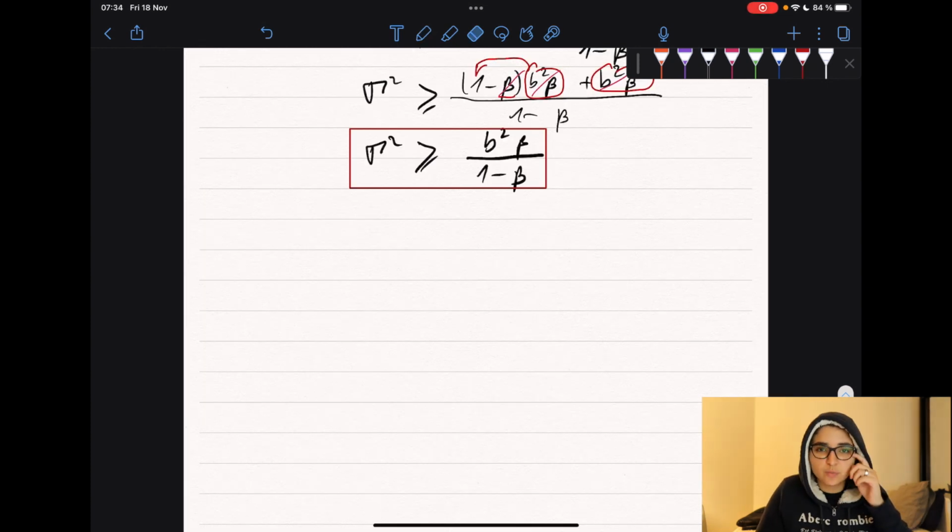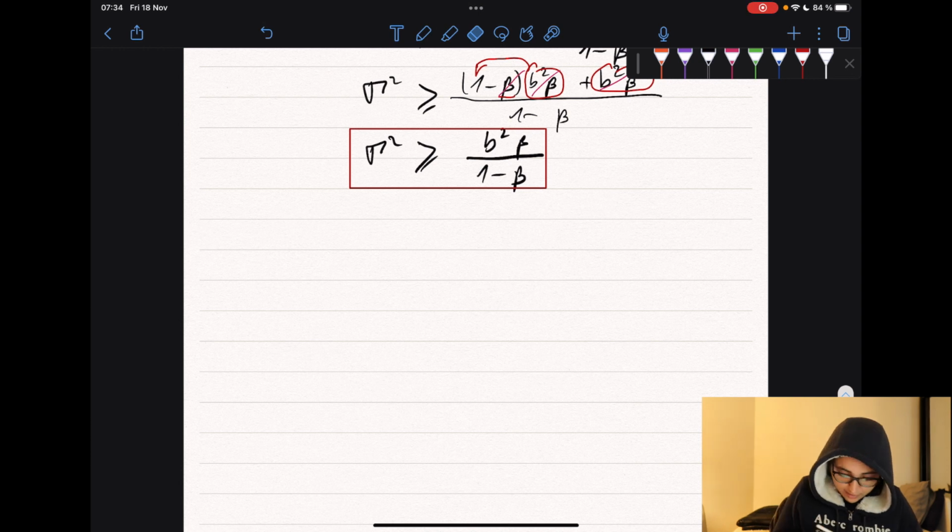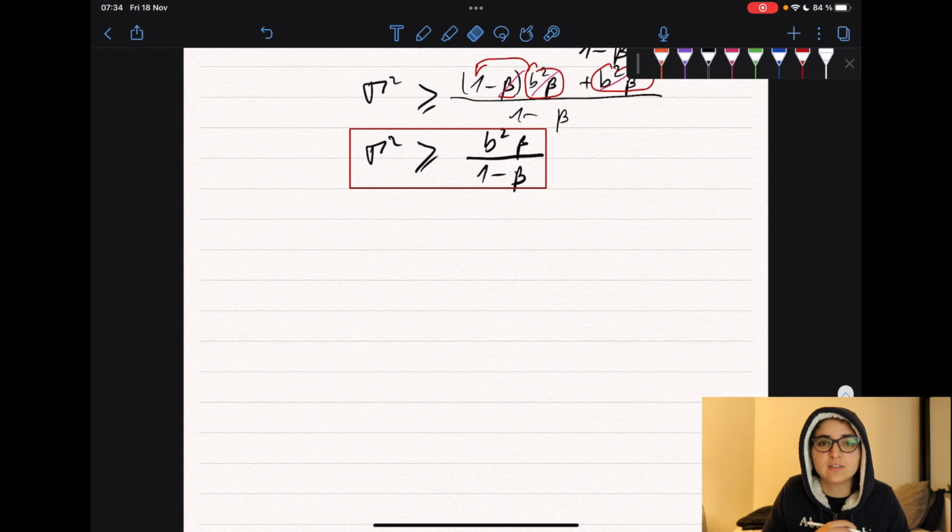At this point, we're going to leverage the inequality that we have just found and rewrite it in a more convenient way to derive the Chebyshev inequality. We have proven everything that we need in order to prove the Chebyshev inequality at this point. So let's rewrite this in a more convenient way.